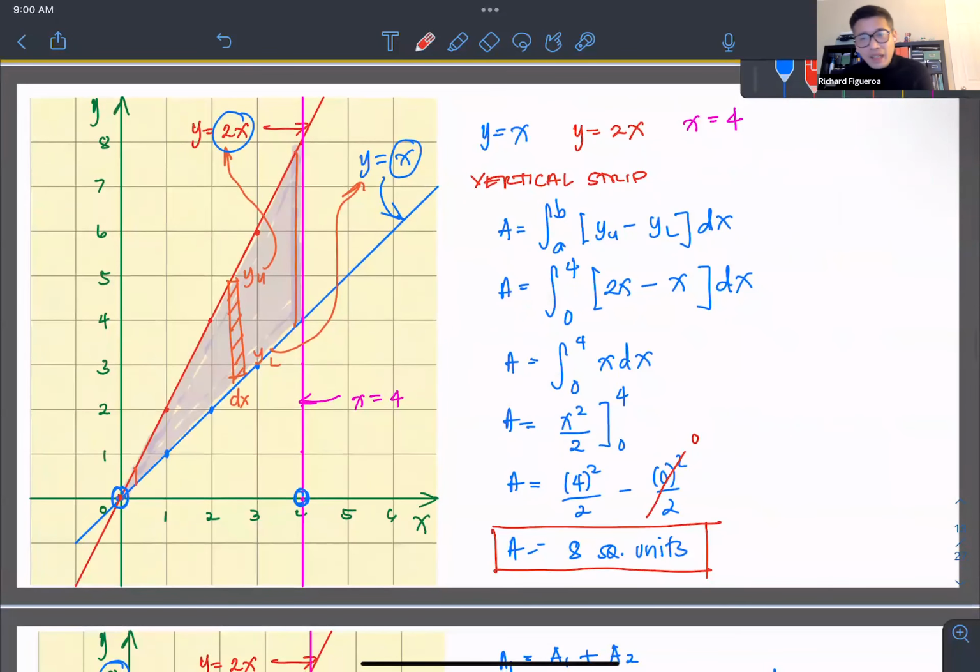So by understanding how the strips work, you will get to the right path. Okay? So you don't need to proceed with complicated solutions.